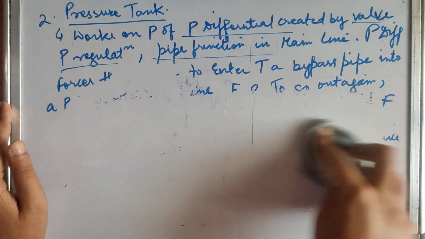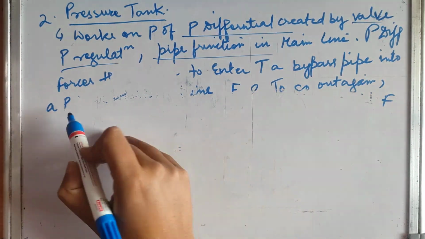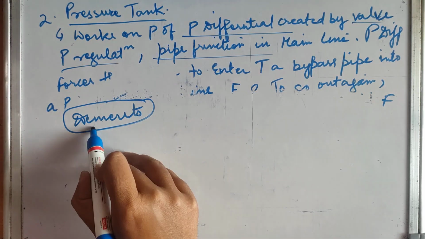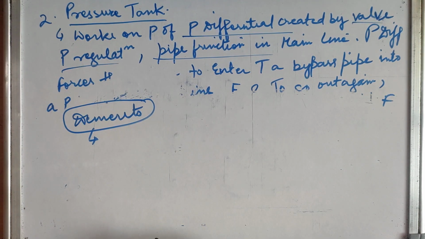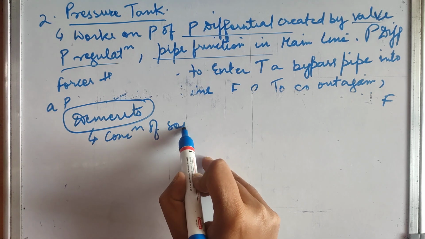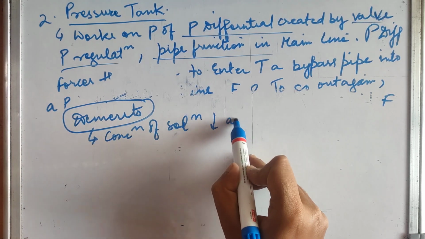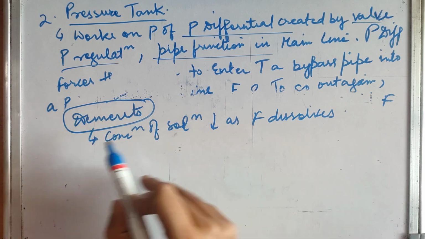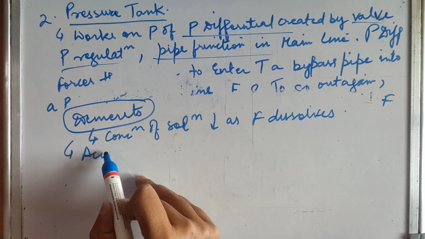So what are the demerits of the pressure tank? Concentration of solution decreases as fertilizer dissolves. Accuracy of application is limited.